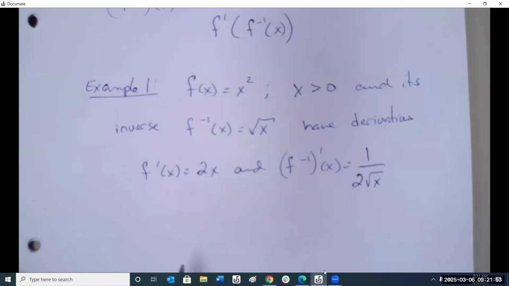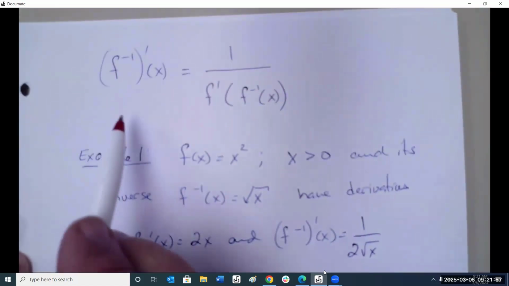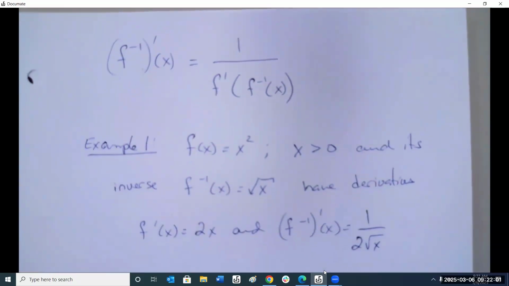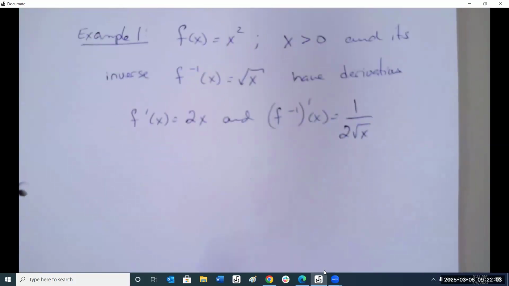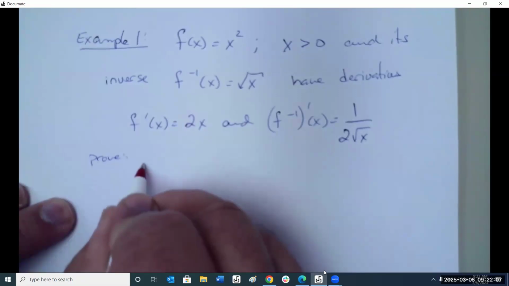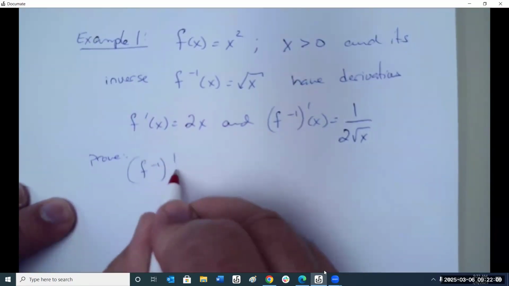Let's verify theorem 3. In other words, what we're going to do is try to verify this formula here for the derivative of inverse. So prove that this works.